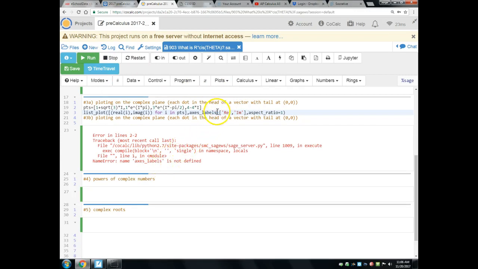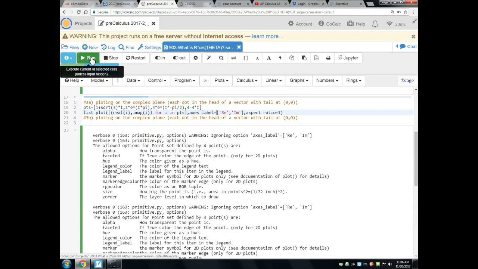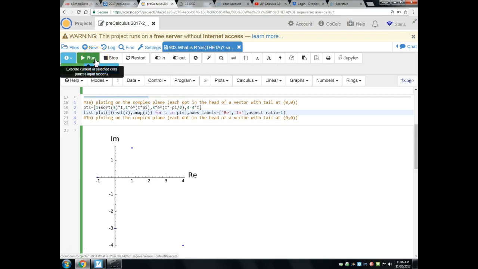Axes label equals. What the heck is that? Whoa, what did I do? Isn't that how I did it? I've done this before. Axes labels. Wait, that is right. Axes labels. It was the equal sign that was messed up. There you go. So this is the real part, there's the imaginary part.